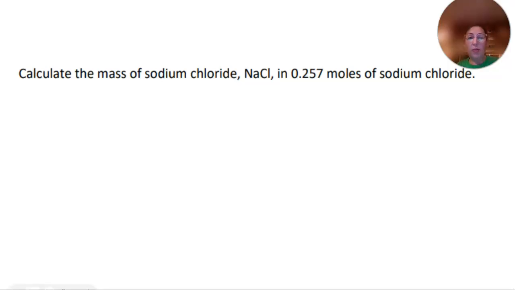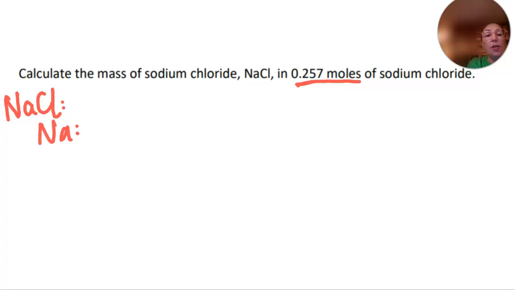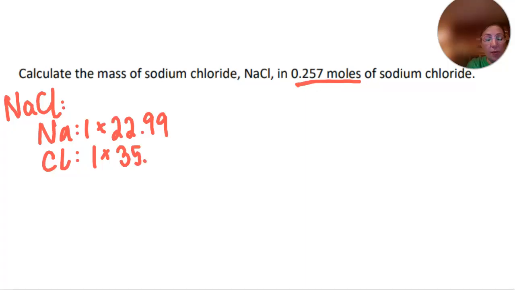Okay, we've got one more example here. Calculate the mass of sodium chloride, NaCl, in 0.257 moles of sodium chloride. This time we're going to need the molar mass of NaCl. We are going to have 1 sodium, and its mass from the bottom of the element box on the periodic table is 22.99, and then 1 chlorine, 35.45.